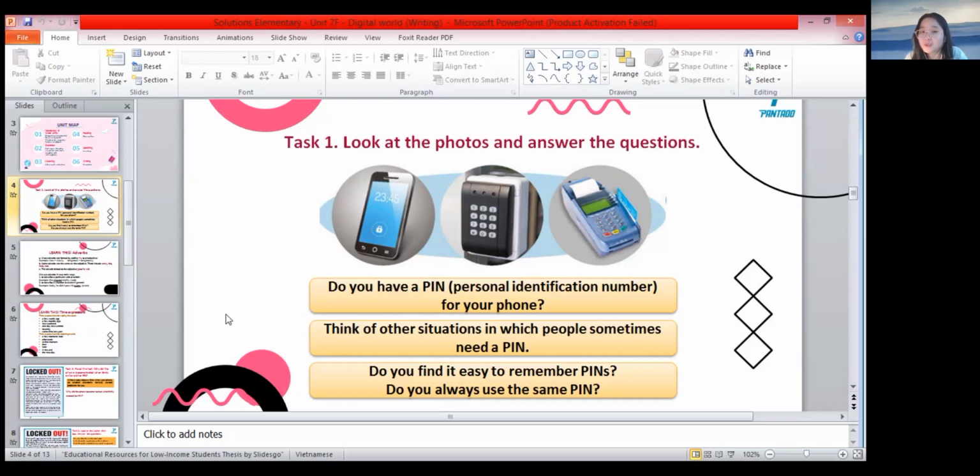So it's really hard for me to remember a lot of numbers like that. If you find it easy to remember, I think you use the same PIN for all the technology devices.